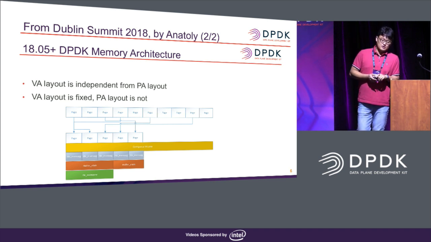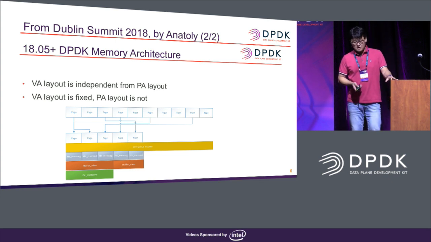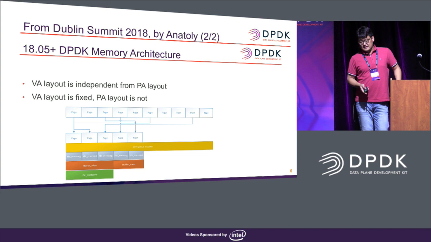But 18.05 had this patch. Now the VA layout is independent from the PA layout, and it is on demand. It doesn't require that many huge pages on the system, but allocates page by page from the system as needed. Like you see in this diagram, the physical pages are contiguous, but the pages managed by DPDK are not contiguous anymore.